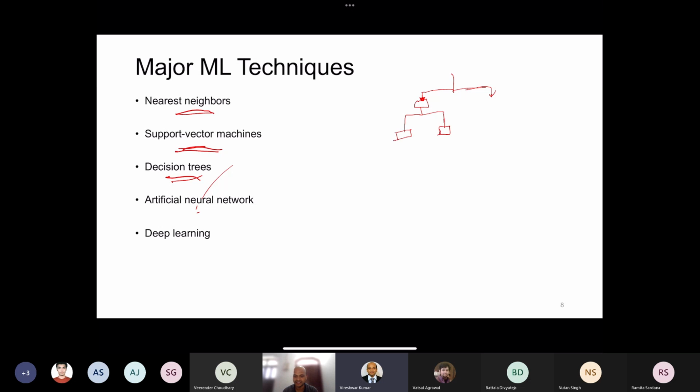So this is just a set of decisions that you are making, and then based on this tree you reach some conclusion. So this is also one of the ML algorithms which showed that you do not need very strong mathematical backup to learn effectively and give out very robust decisions.